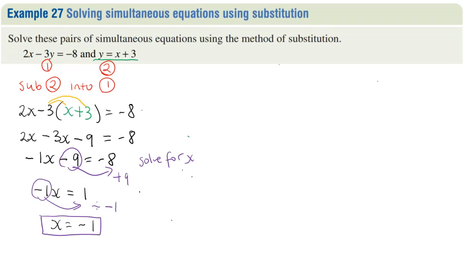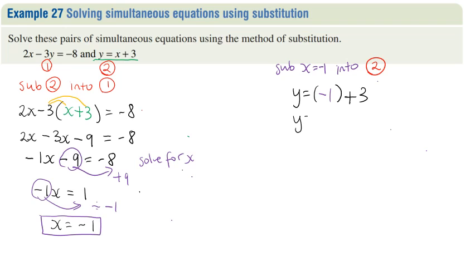So now I need to sub x equals negative 1 into one of my equations. I'm going to put it into equation number 2. So equation number 2 will be y equals negative x, so negative 1, plus 3.